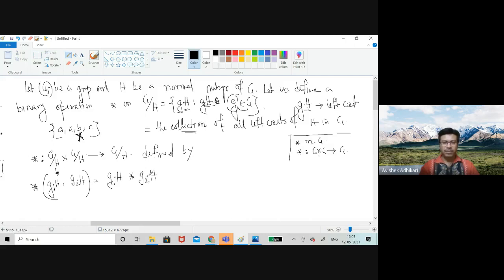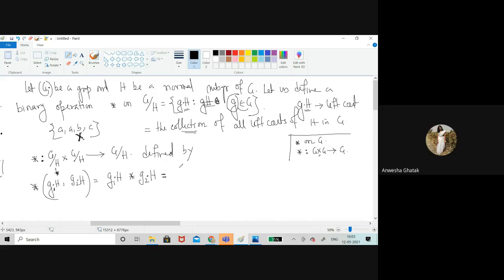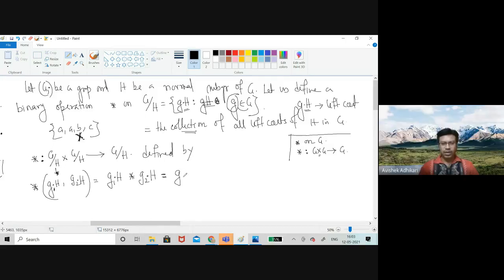After some time I may drop this notation star, I mean dot. From the context it will be clear. Now what does it mean? Yesterday I defined it. Do you remember this? So what are the operations that you have? You have only dot within G, and g1 and g2 are elements of G. So you can combine these two elements only with dot.